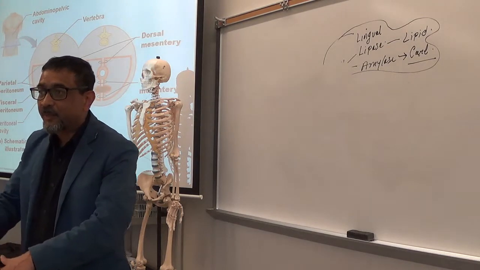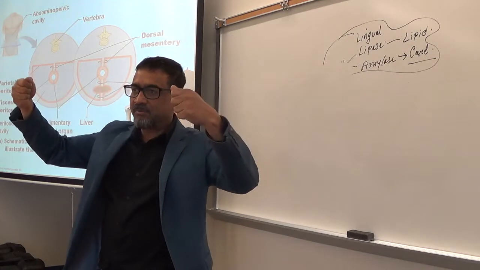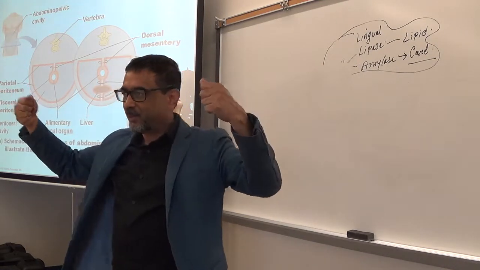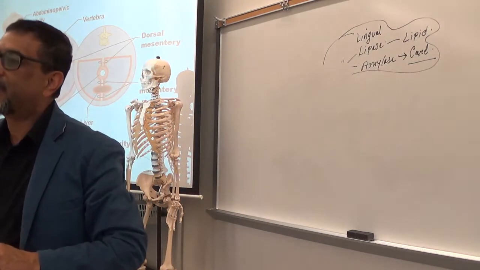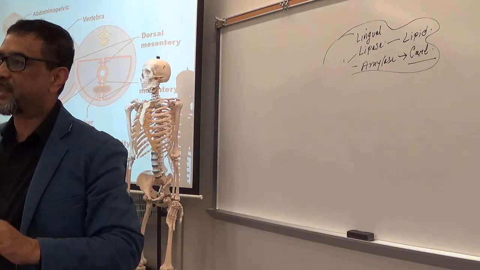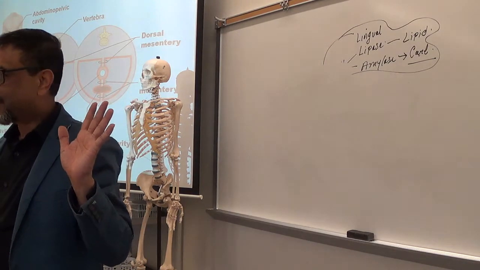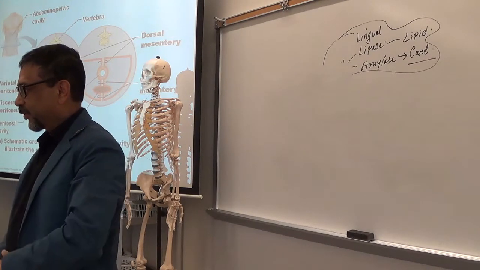But that doesn't happen because mesentery, they are working like a belt or rope to tie them to the wall. Make sense? Number one, holding the internal digestive organs in right locations in the abdominal cavity. Is it clear? Keeping them in right locations. Otherwise, everything will go to the bottom.